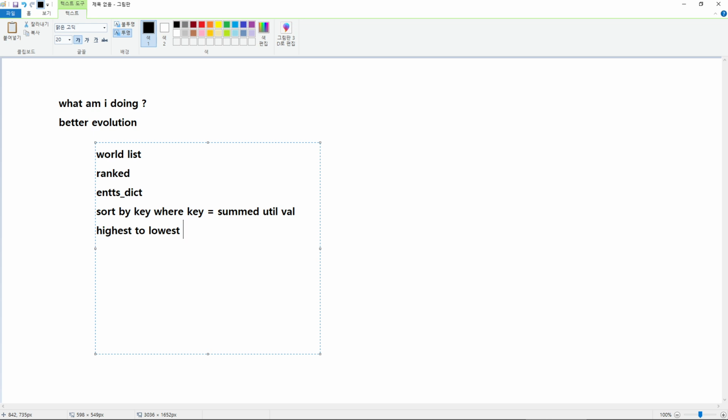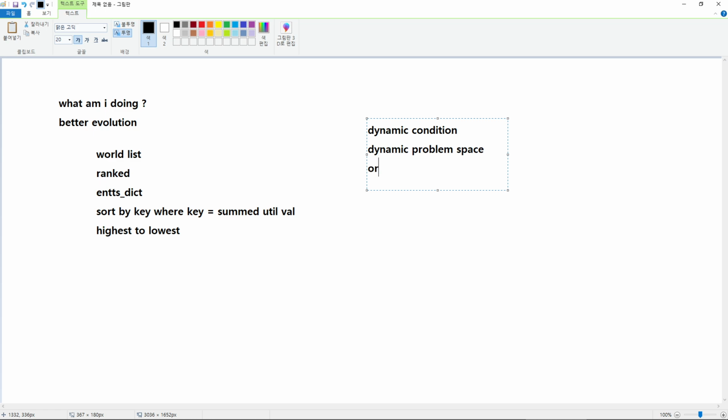For now, it's always fixed, but I always find time to stress this: problems can change. Or the problem space or the conditions can change, or will change in the future. And I think that I'll call it dynamic conditions, or dynamic problem space, or something like that.